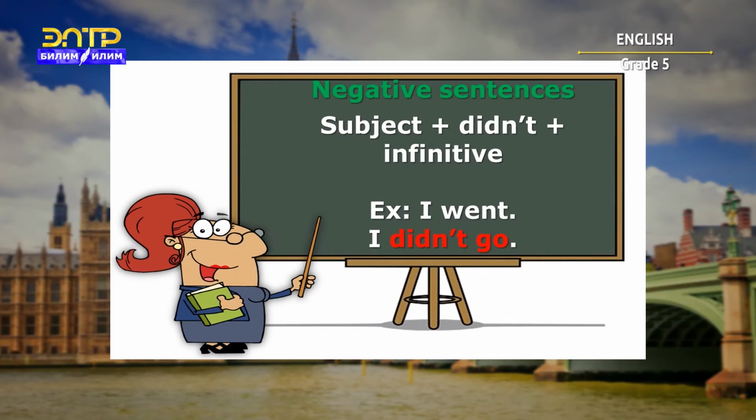Let's see how it sounds. So, the positive sentence, I went. Negative, I didn't go. We've come back to the base form of the verb here. I didn't go.